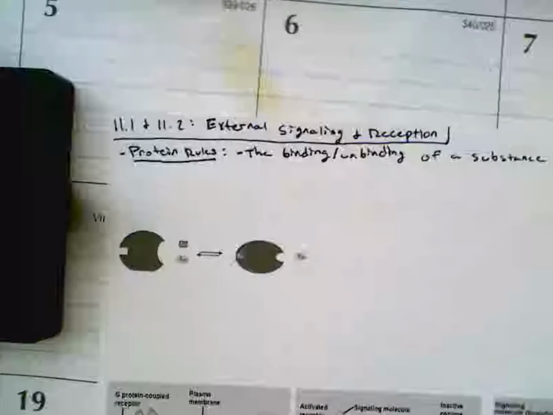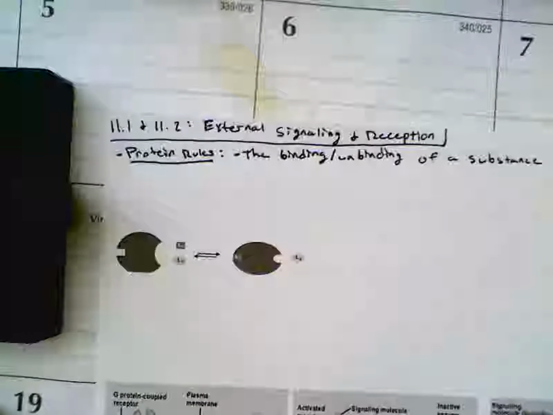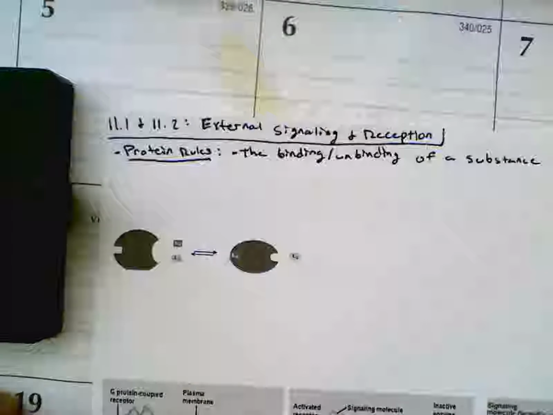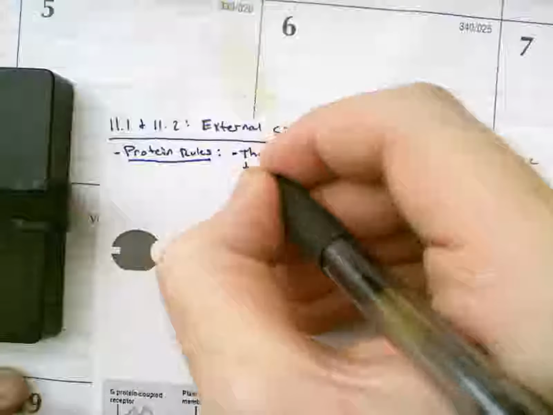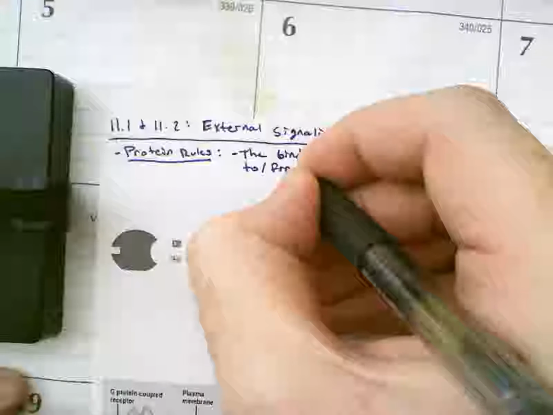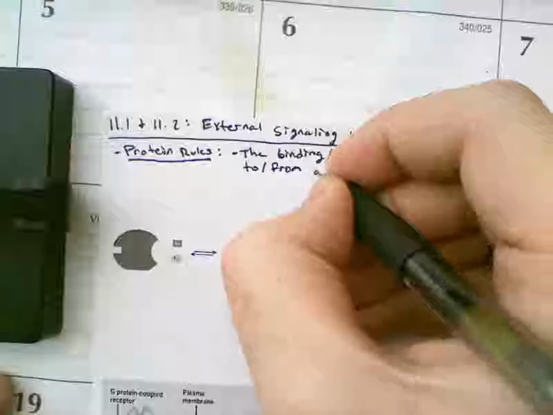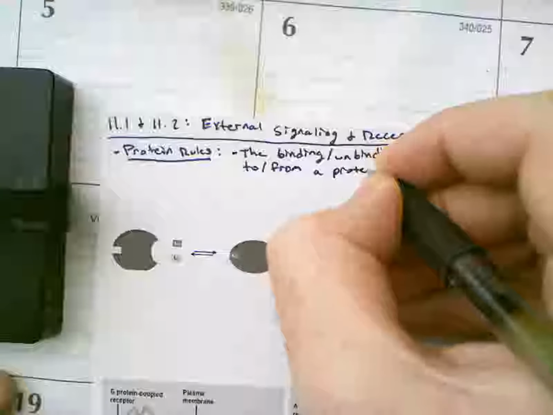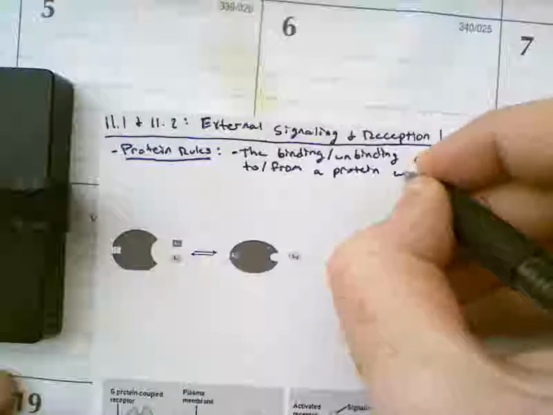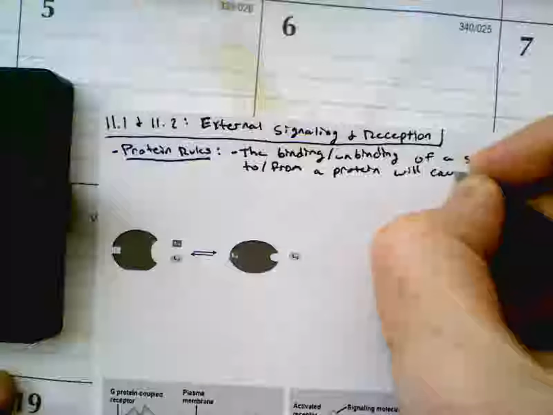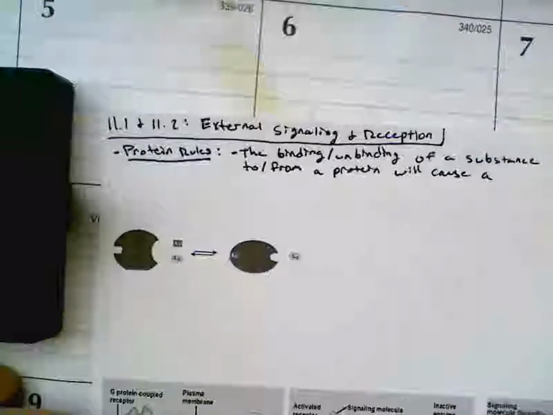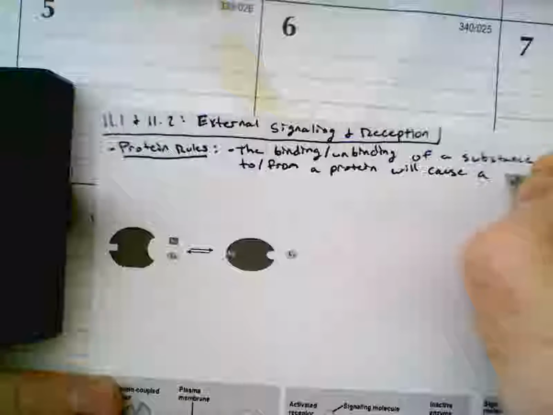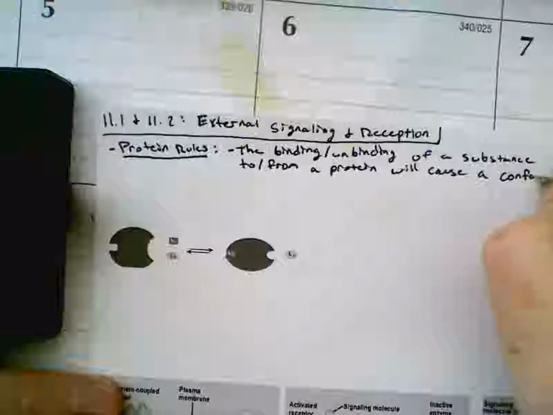I'm just sectioning it off right there. So the binding and unbinding of a substance to/from a protein will cause, here's an important vocab word, a conformational change.